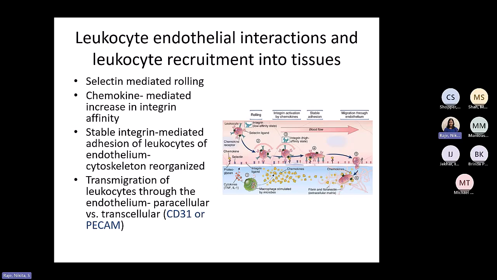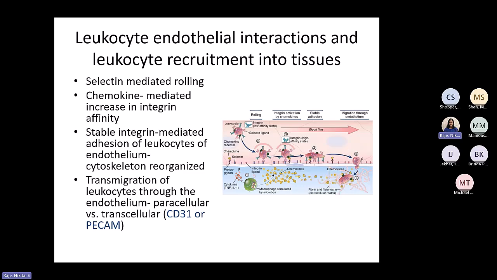So integrin ligands can interact with the integrins that are present on the cell. The interaction of integrins with their ligands brings the cell to a complete stop. So instead of selectin binding to its ligand making a rolling stop, integrins help cells come to a complete stop. And that interaction is made even better when the chemokine binds to the chemokine receptor.